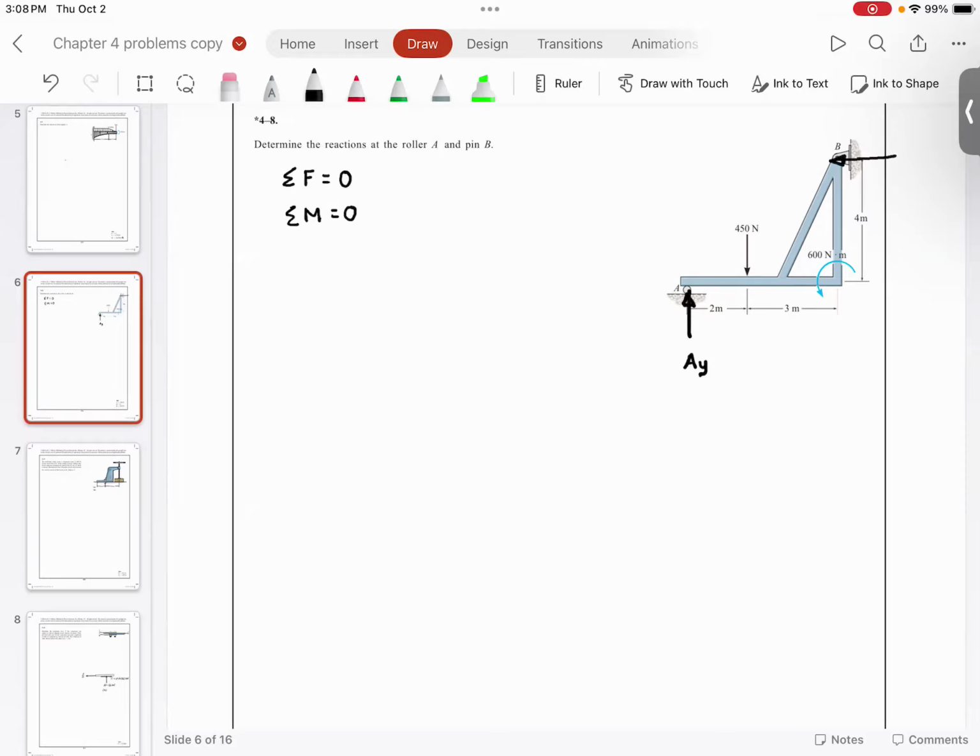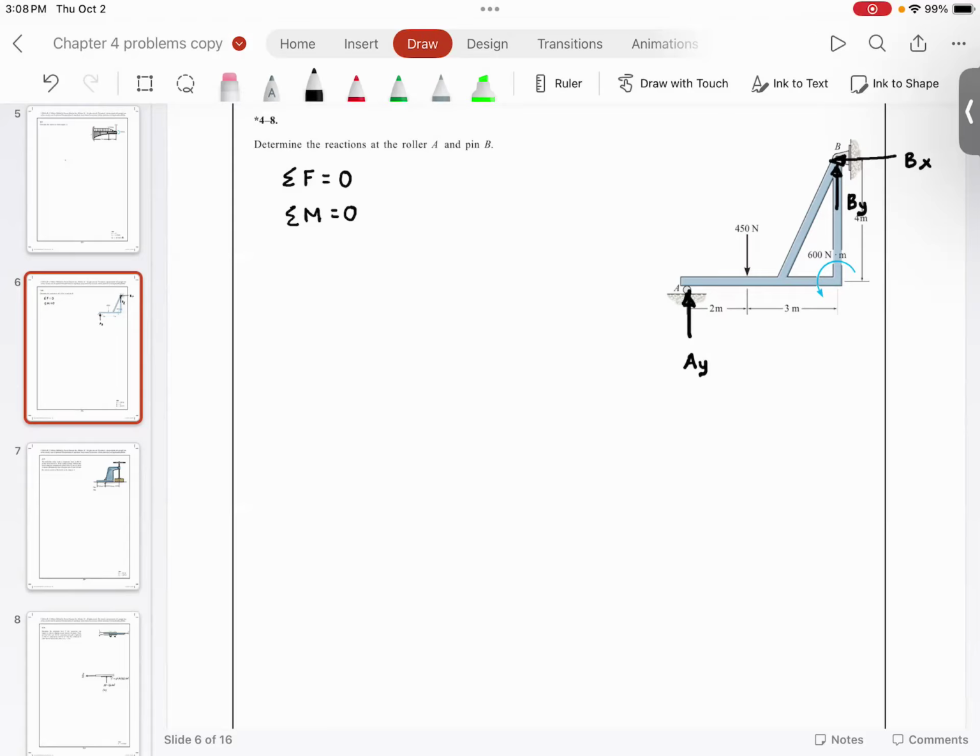So you are going to have BX and BY. And in this problem, it is asking us to find the reactions AY, BX and BY.